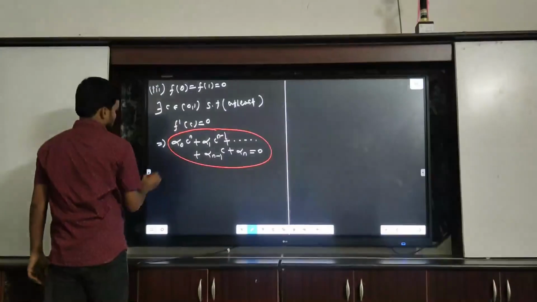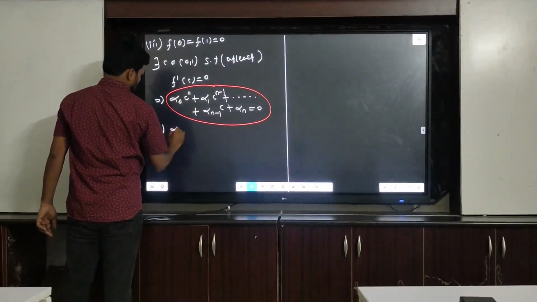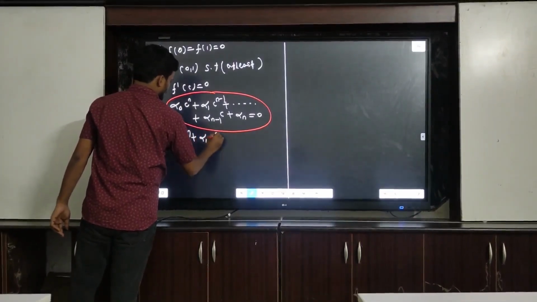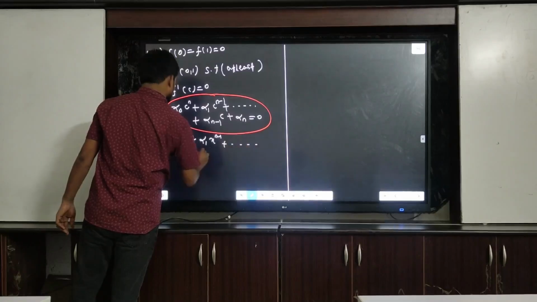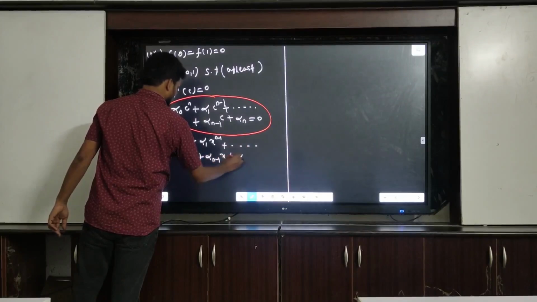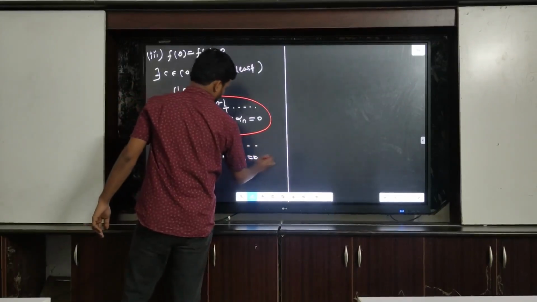So instead of C, you can put x, which implies alpha 0 x to the power n plus alpha 1 x to the power n minus 1 and so on, plus alpha n minus 1 x plus alpha n is equal to 0.